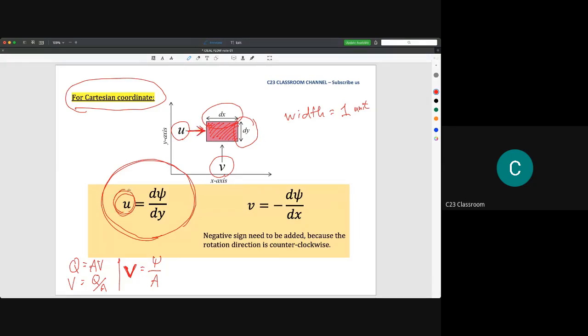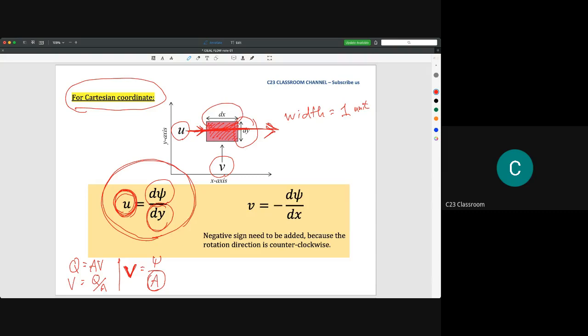To calculate the u velocity, we do it by dividing d psi over dy. This d psi is the stream function, and dy here is the cross-sectional area, the A. Why do we use dy?